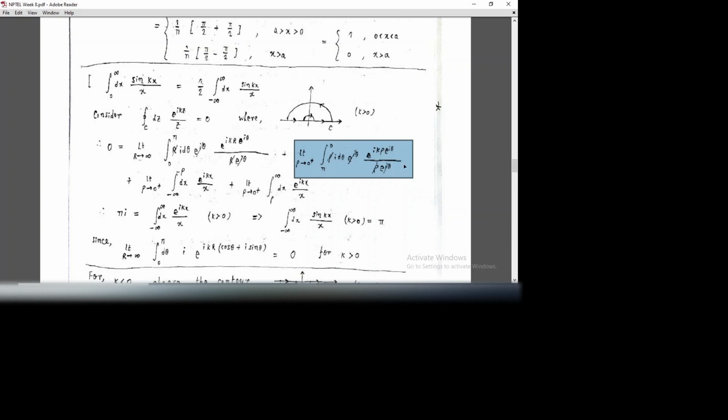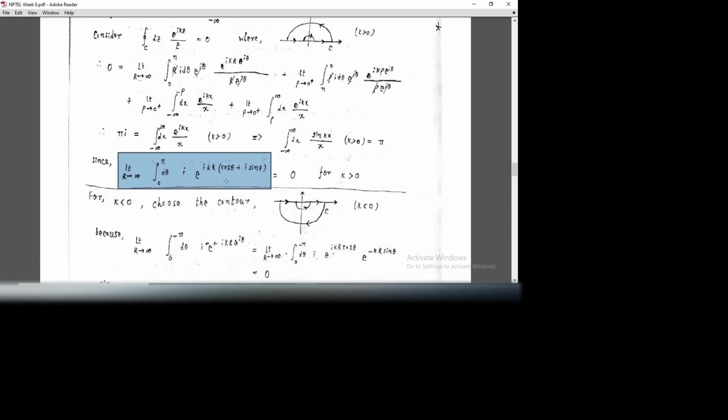Substitute rho e to the power i theta and do all these things, and then this is the contribution from this left line segment that lies along the x-axis, and this last contribution is from the right line segment that also lies on the x-axis. So this is the separate contribution of the 4 parts of the contour.